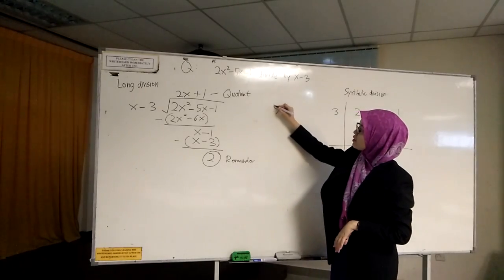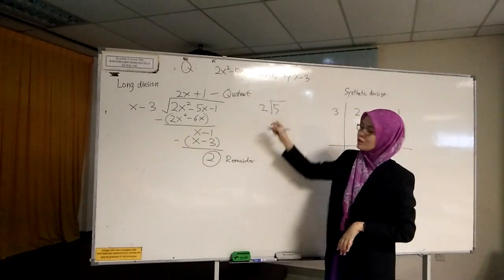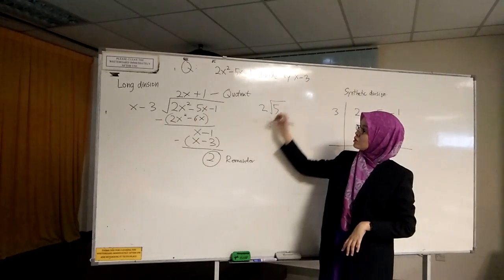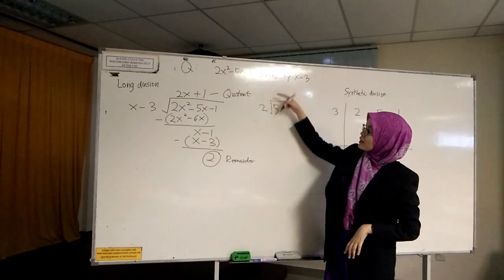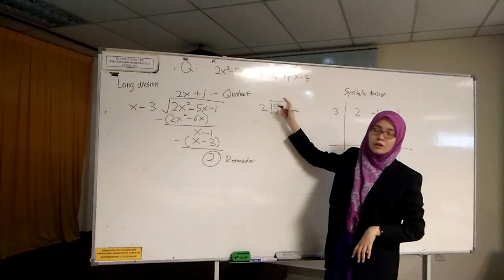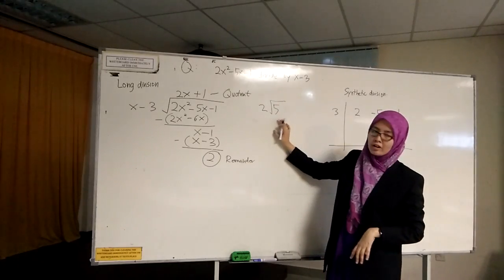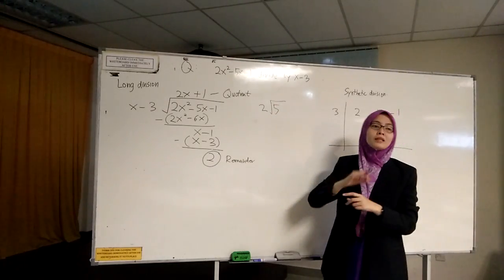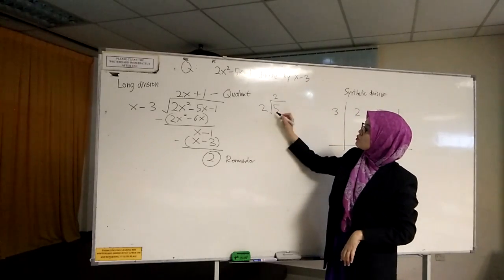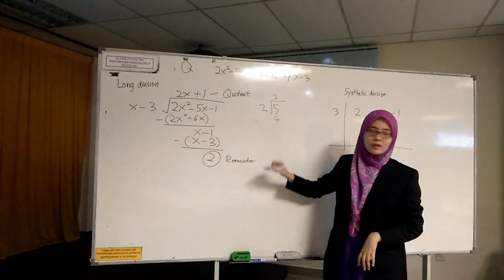Okay, let's say 5 divided by 2. Okay, now referring back this, 5 divided by 2. Usually you will multiply. You cannot multiply everything, because if you multiply everything, you cannot get 5. So you will multiply number that near to 5, which is 2 times 2 will get 4. Okay.